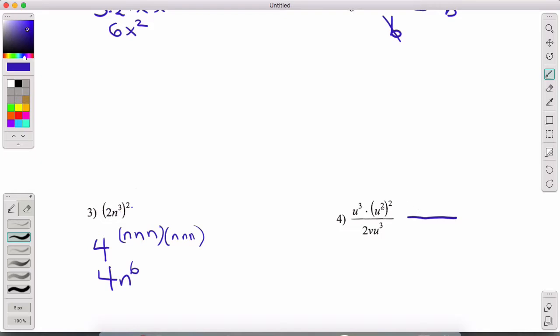I have a u squared to the second power, u to the fourth, and I also have a u to the third. And those can then combine u to the 7th power.